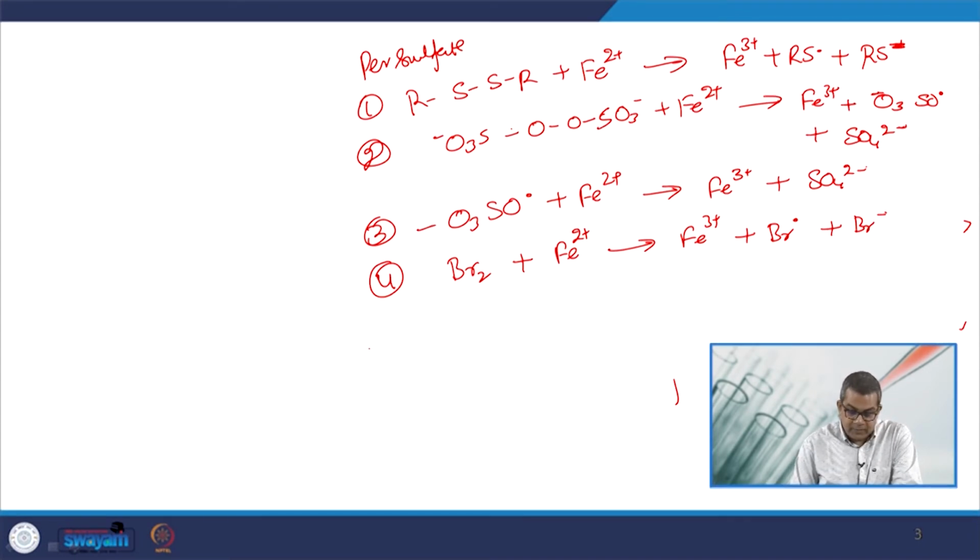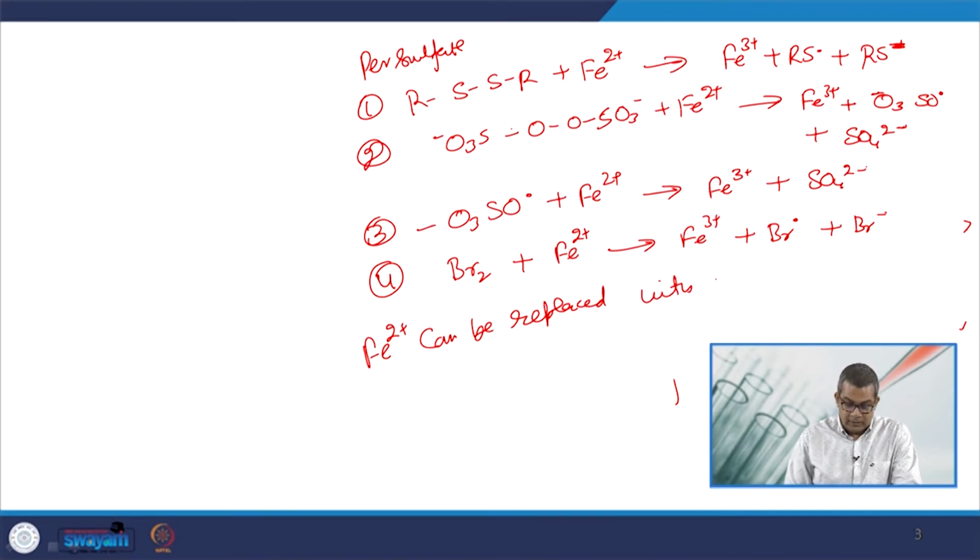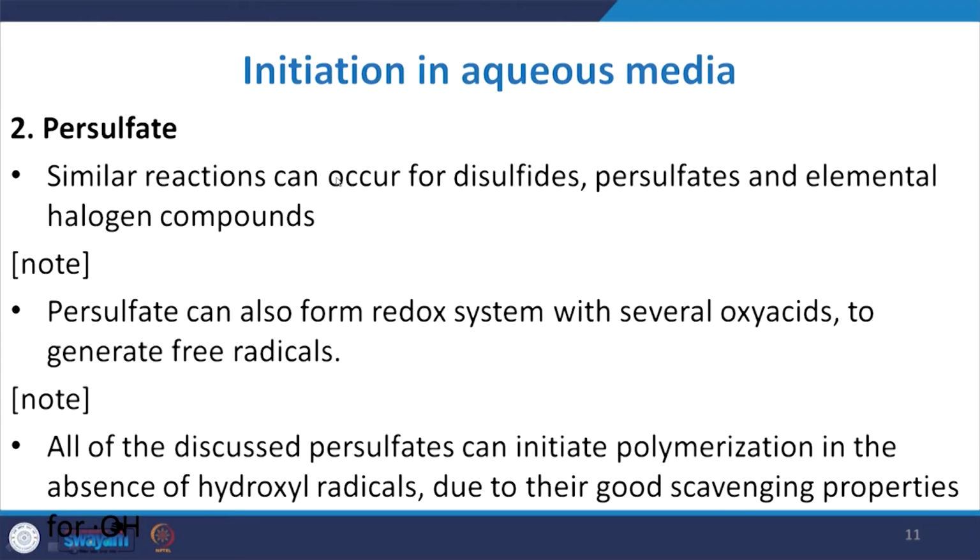So sometimes this Fe2+ can be replaced with silver ion for S2O8 2-, in this equation. This is again a very important thing.